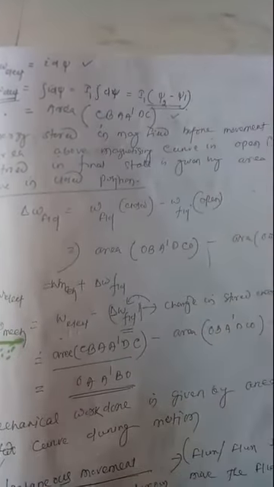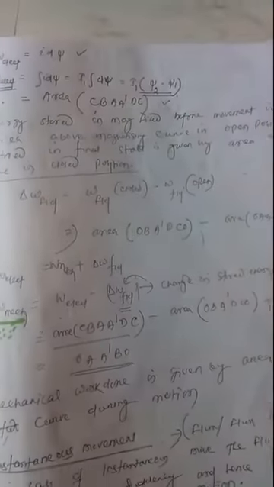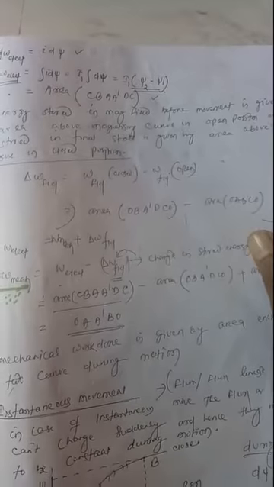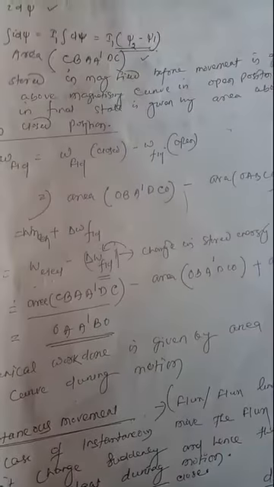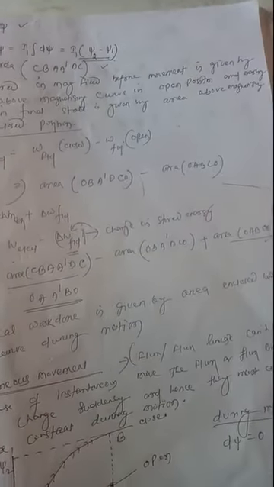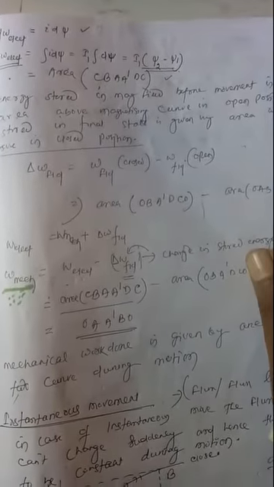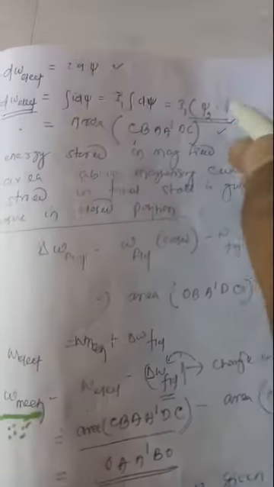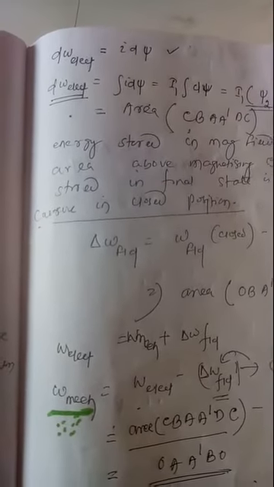The energy stored in the magnetic field before movement is given by the area above the magnetization curve in the open position, and then the energy stored in the final state, that means from psi 1 to psi 2, that we have written here. We have also described this in the statement.